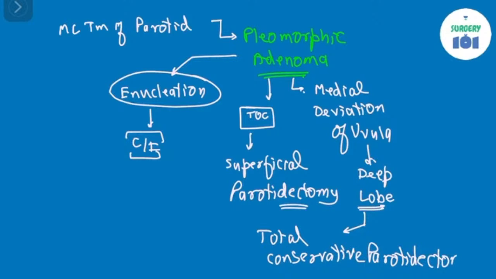What do you understand by total conservative parotidectomy? It means that you are removing just the parotid gland. You are not removing or damaging the facial nerve. That is what you mean by a total conservative parotidectomy.